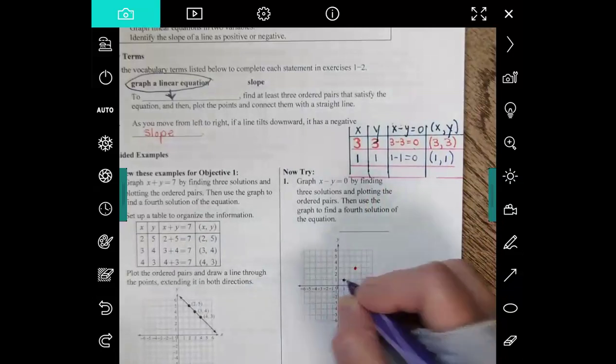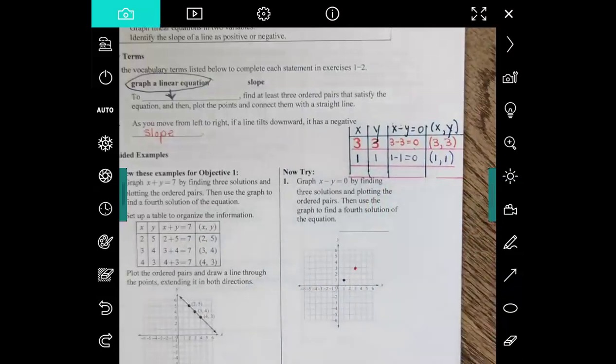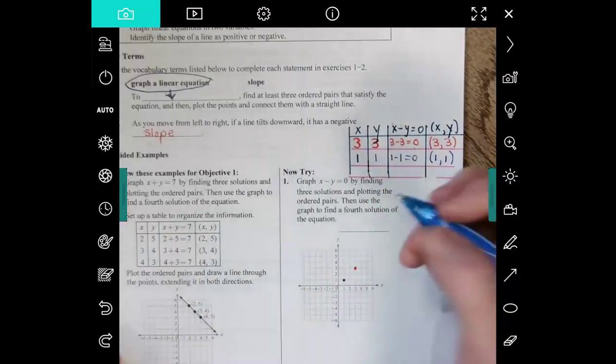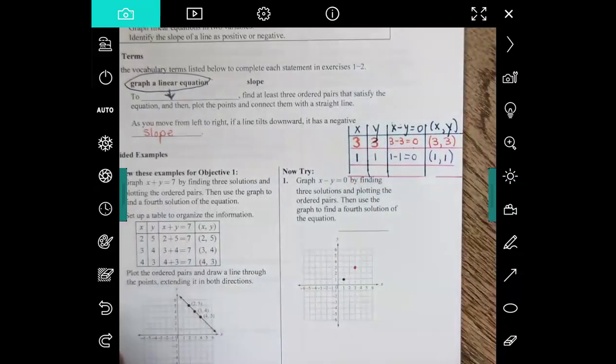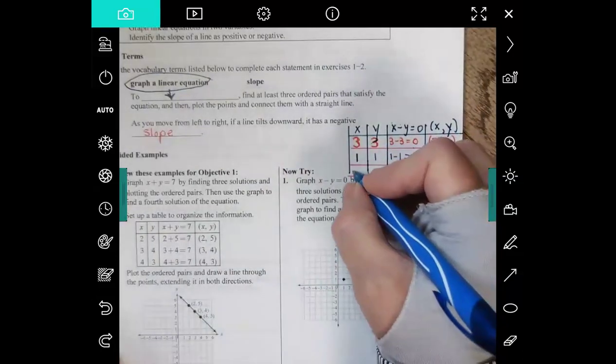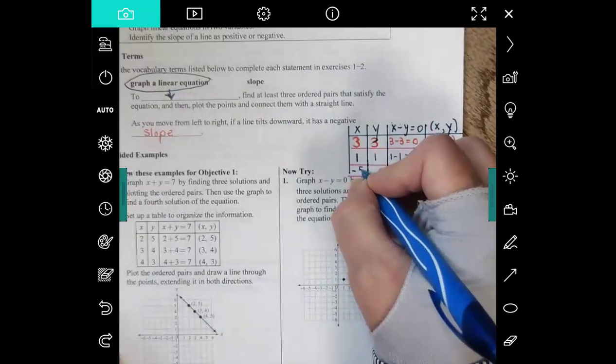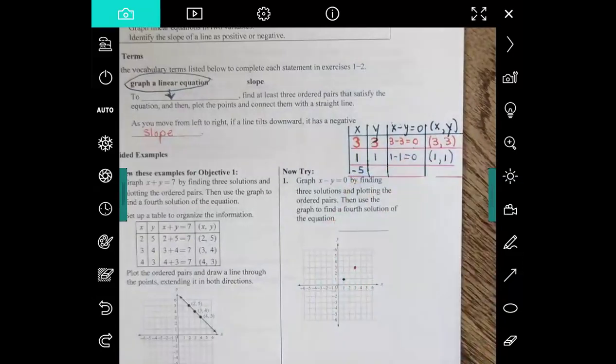Now, I'm going to try to challenge you. Since I want us to do 3 points and we don't really need it, we're going to make the next one trickier. What if X is negative 5? Ooh. Ben? Negative 5.